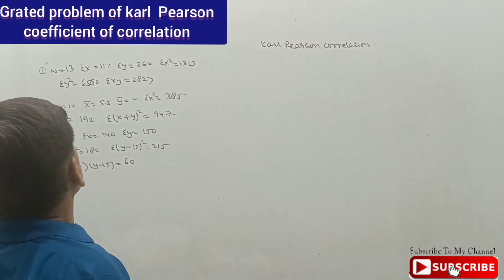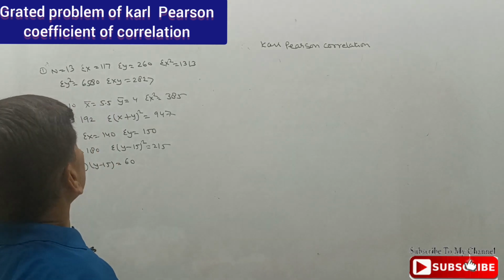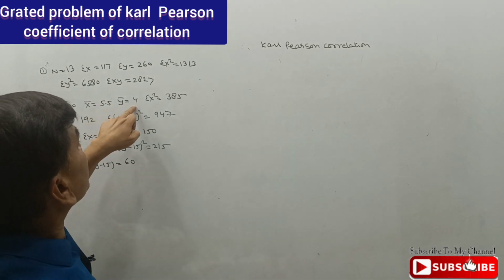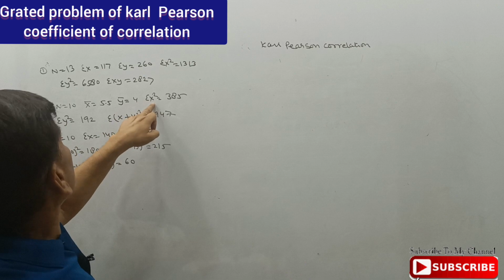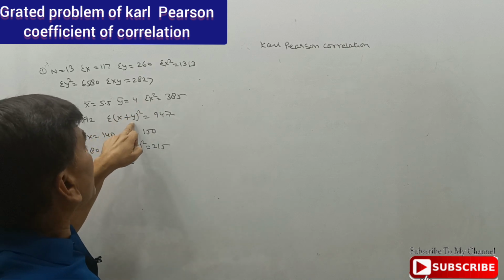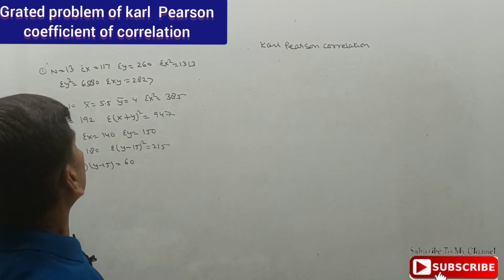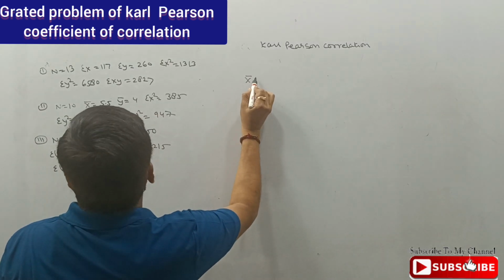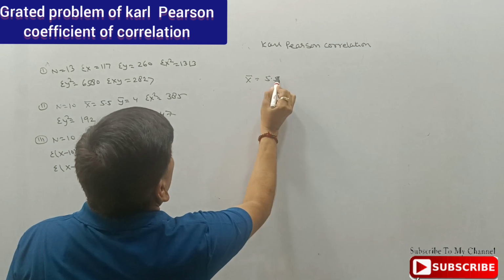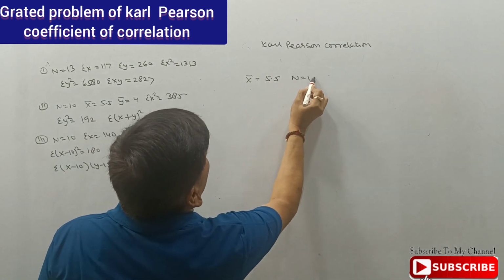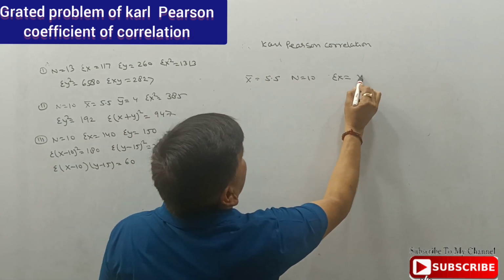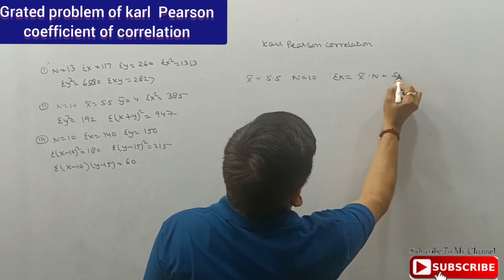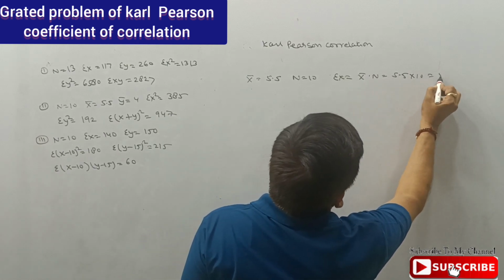In the first question the value was 0.813. In the second, n is given 10, sigma x given, sigma y given, sigma x square given, sigma y square given, sigma x plus y square is given. First, x bar is equal to 5.5, n is equal to 10, then sigma x is equal to x bar times n, that is 5.5 times 10, which is 55.